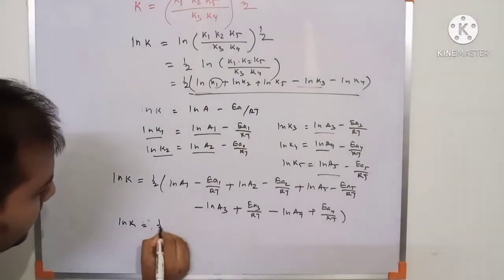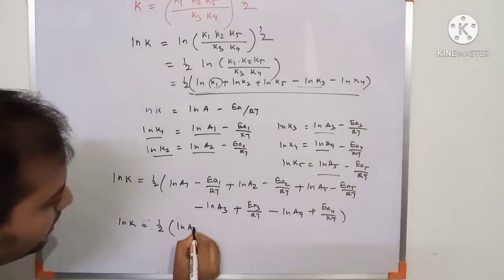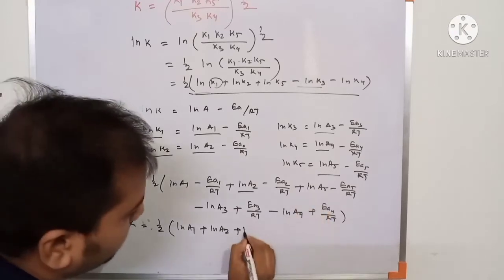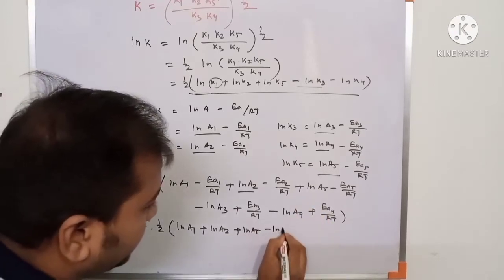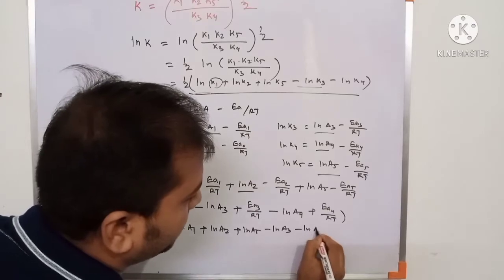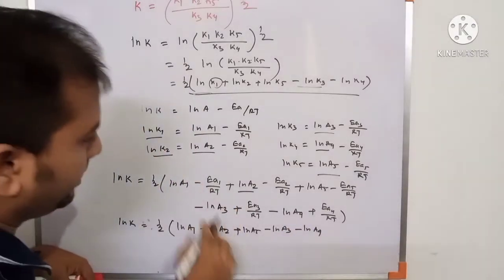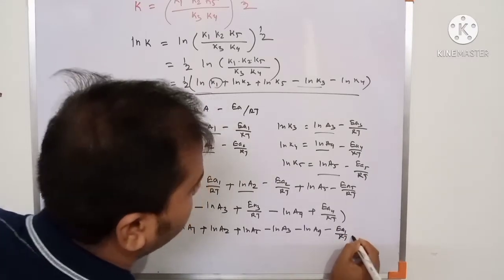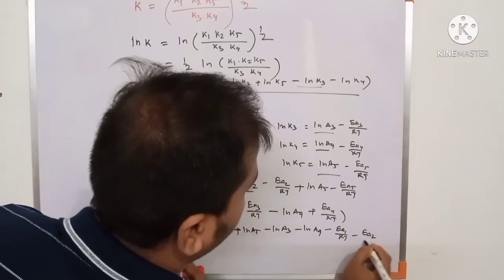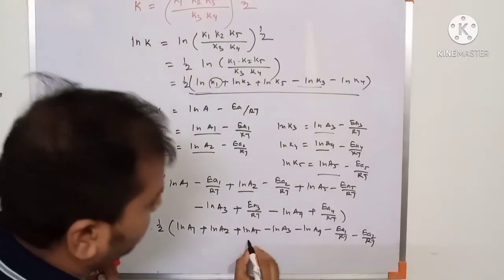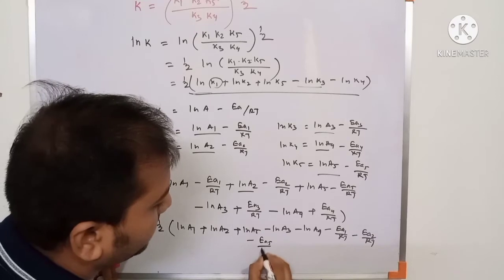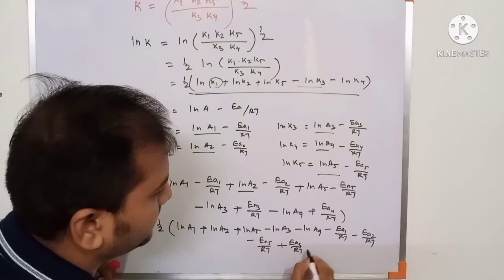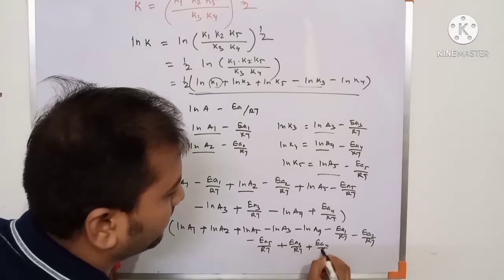So ln K equal to half into ln A1 plus ln A2 plus ln A5 minus ln A3 minus ln A4, and the Ea part: Ea1 by RT minus Ea2 by RT minus Ea5 by RT plus Ea3 by RT plus Ea4 by RT.